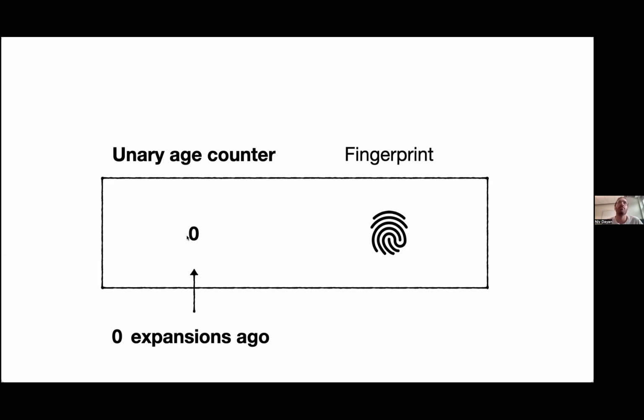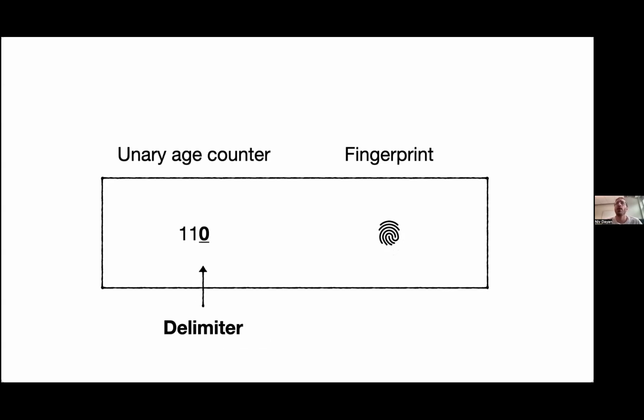No expansions have taken place since. If this is 1,0, it means that the entry was inserted 1 expansion ago. If it's 1,1,0, it means it was inserted 2 expansions ago, and so on. The unary age counter always finishes with a 0, and that's the delimiter. When you see the 0, you know that whatever is coming next is the fingerprint. So this allows you to uniquely parse the slot.